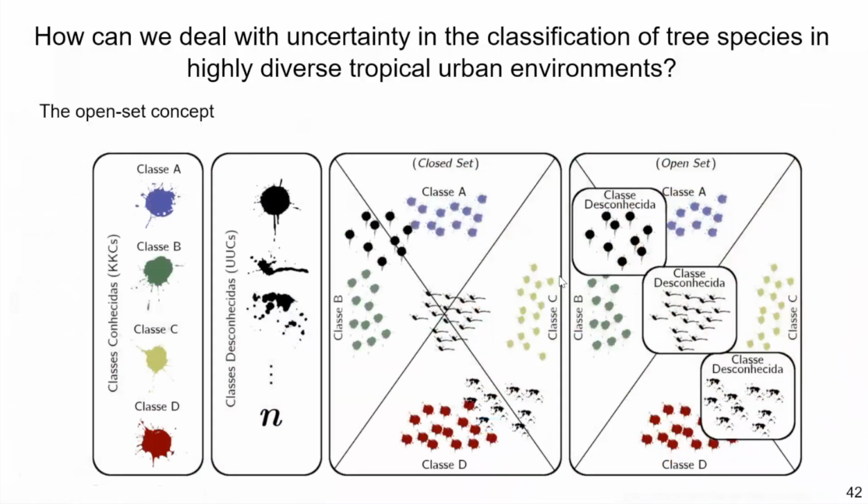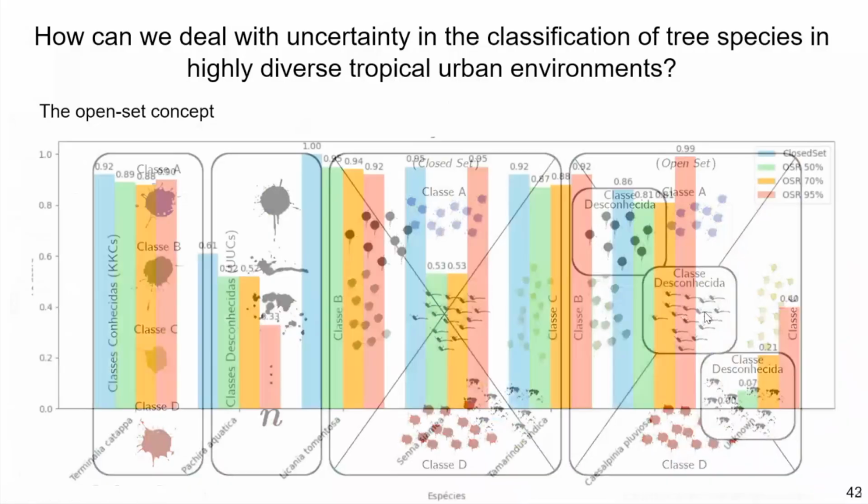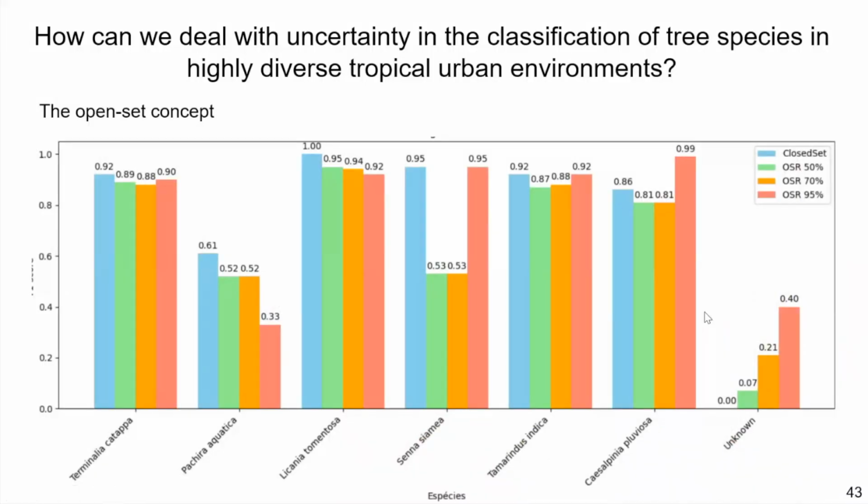We investigated open set approaches, using the open set concept, in which the classification is performed on the known classes and also on a set of unknown classes. And using this approach, we could also improve the classification accuracy of some of the species.